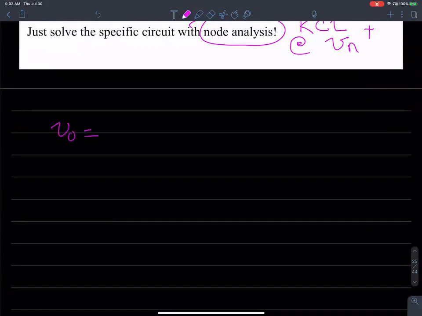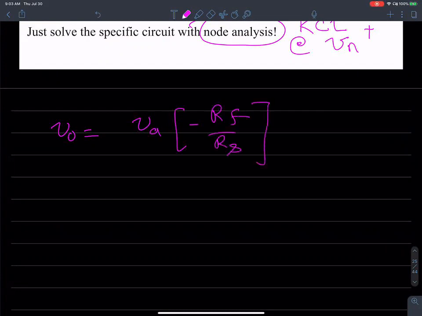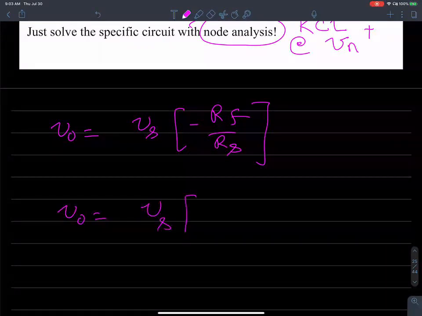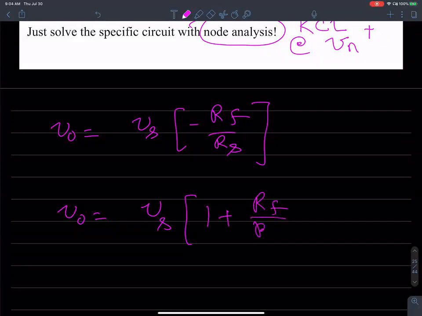V output is VA times minus RF over RS. This is an inverting amplifier. V output equals Vs times 1 plus RF over RS. This is a non-inverting amplifier.